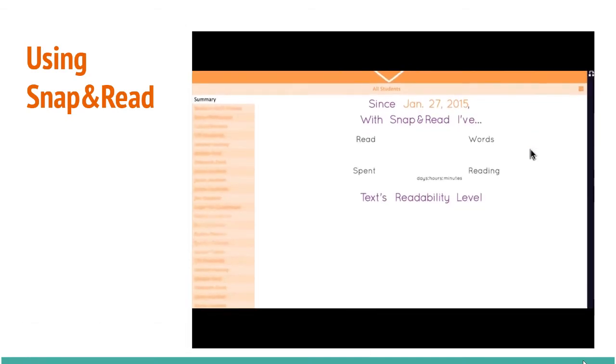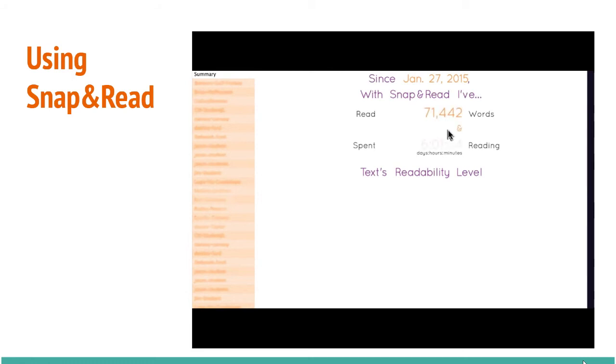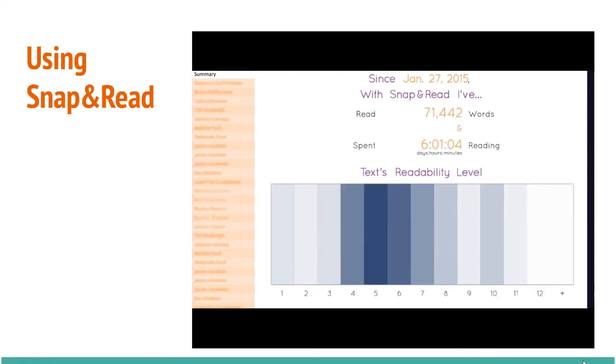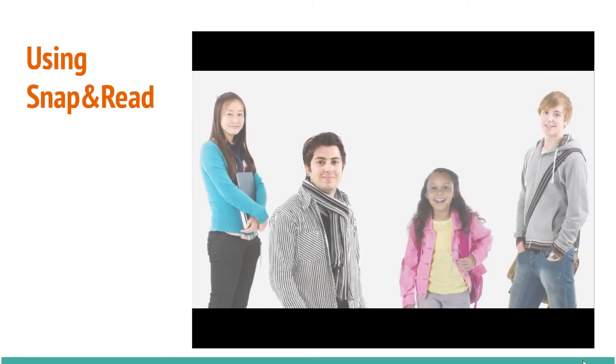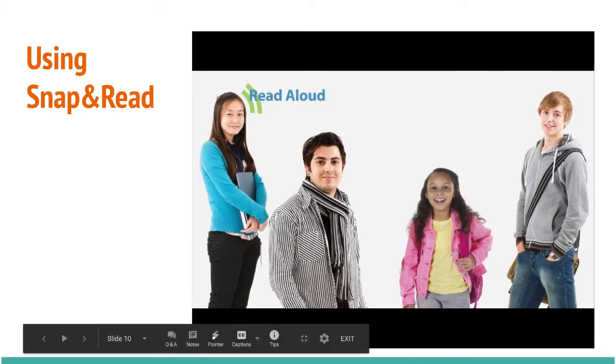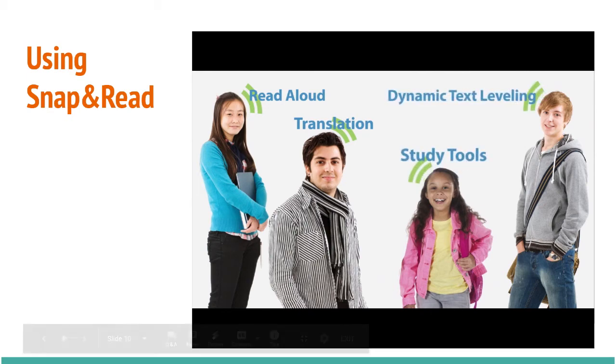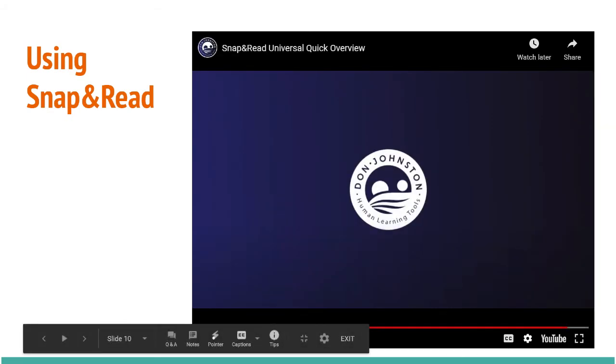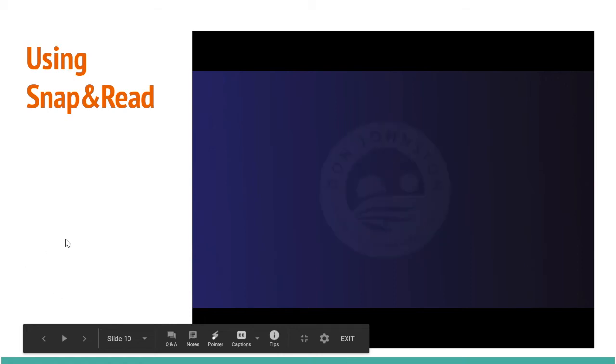As an educator, you get data that shows how much students are reading and the reading levels of their text. It's all part of Snap and Read Universal, a next-generation reading tool that supports diverse reading needs, helping students read with understanding independently, creating a truly personalized learning environment.